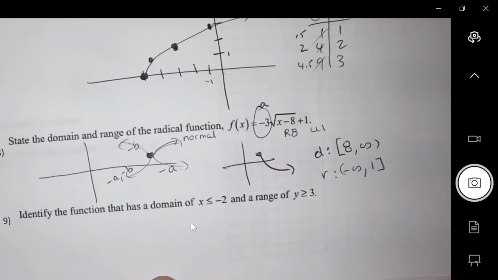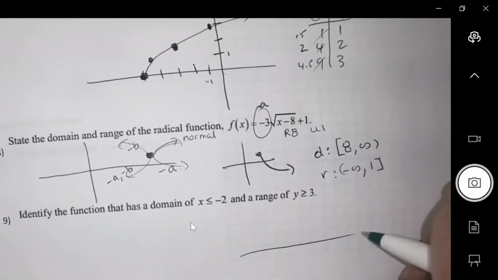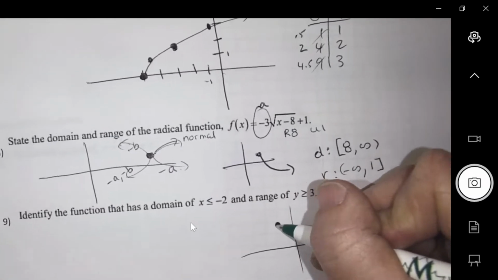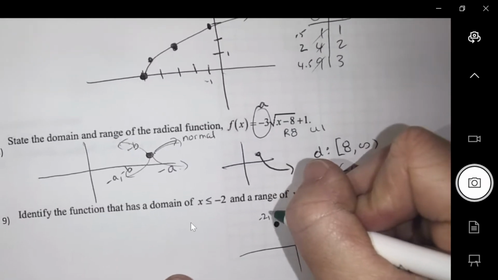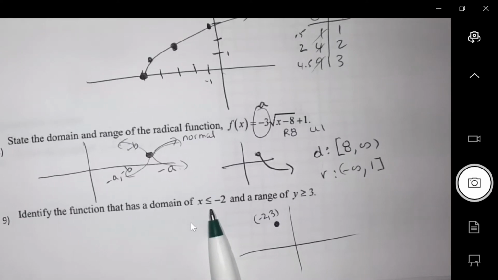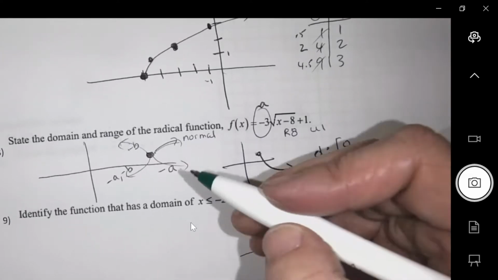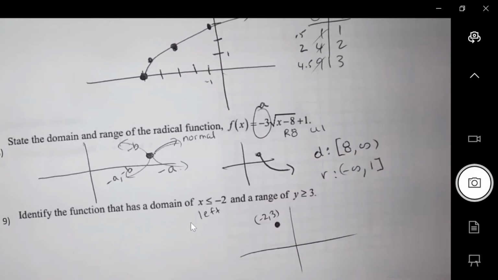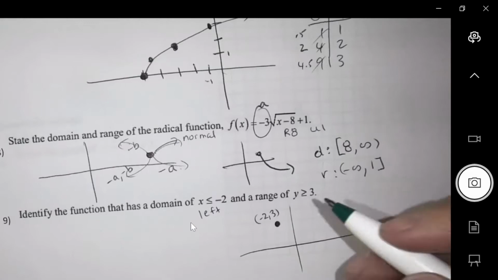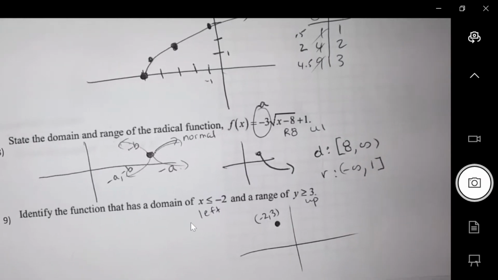Okay, identify a function. We have to make an equation here. -2, 3. This domain says less than, so we are going to be heading left, and this range says greater than, so we need to head up. Do you know what your radical looks like?